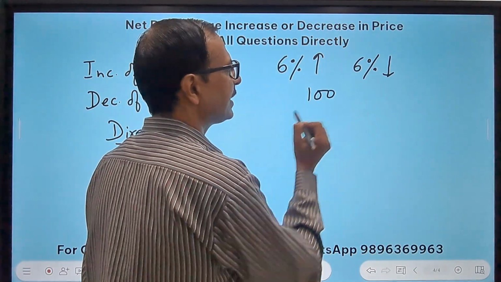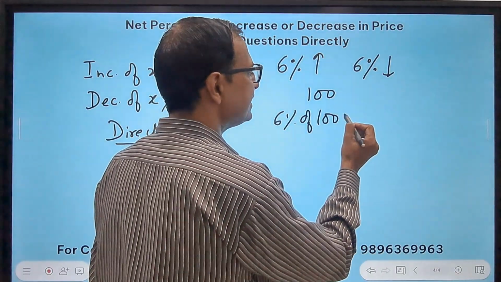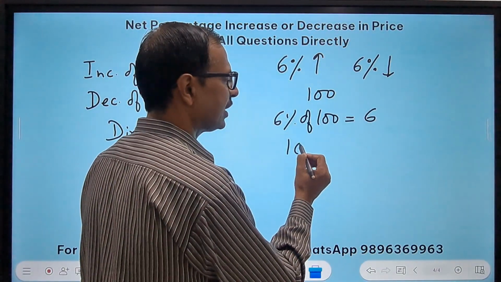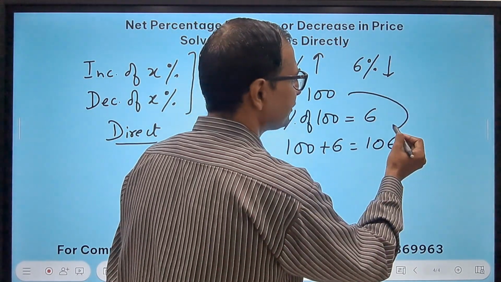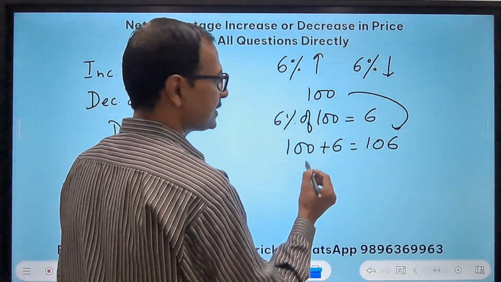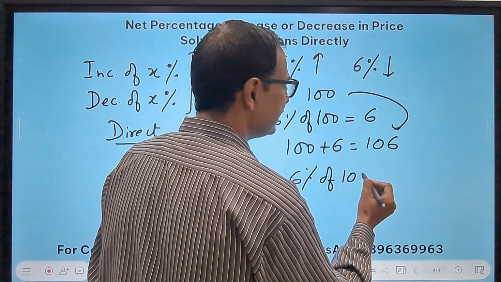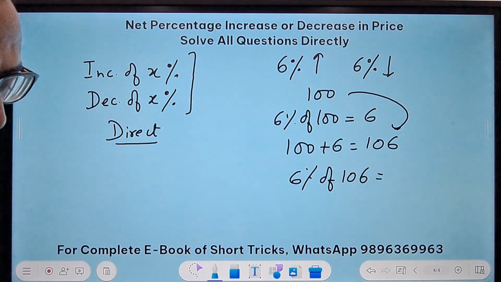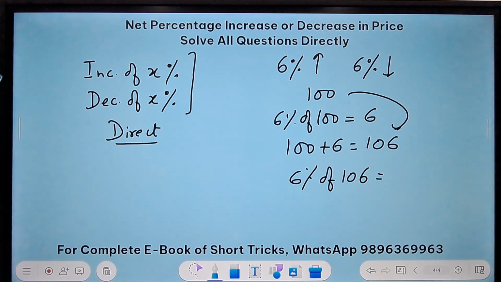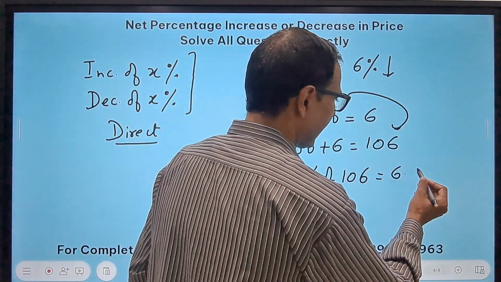100 is the initial price, so 6% of 100, that much is the increase, so that is 6 increase, so 100 becomes 106. Now this is after the first increase of 6%. Now 6% decrease, but 6% of what? It is 106. Now this is important, 6% of the second quantity, and 6% of the second quantity is 6.36, right?